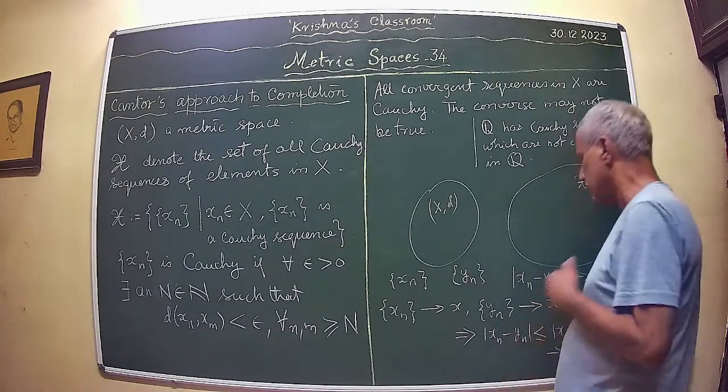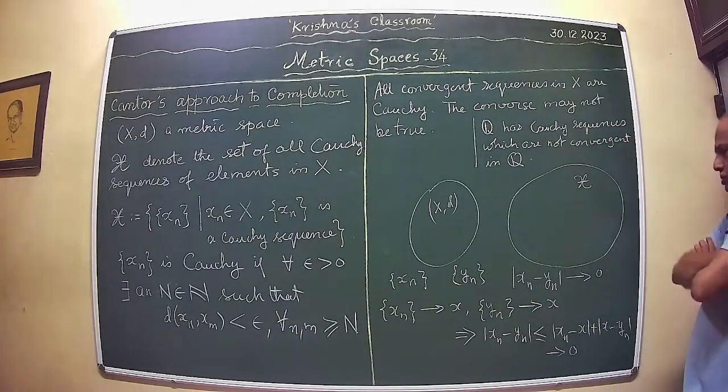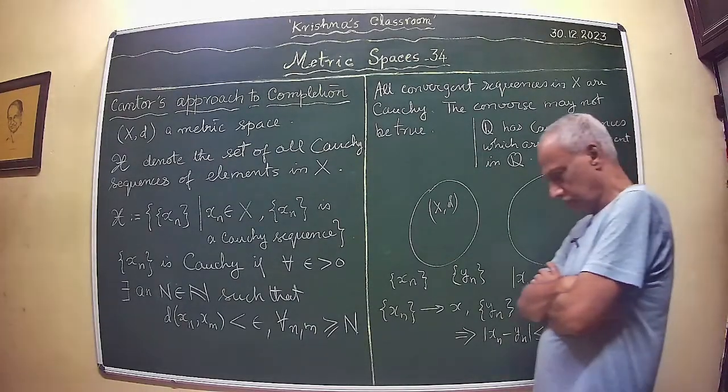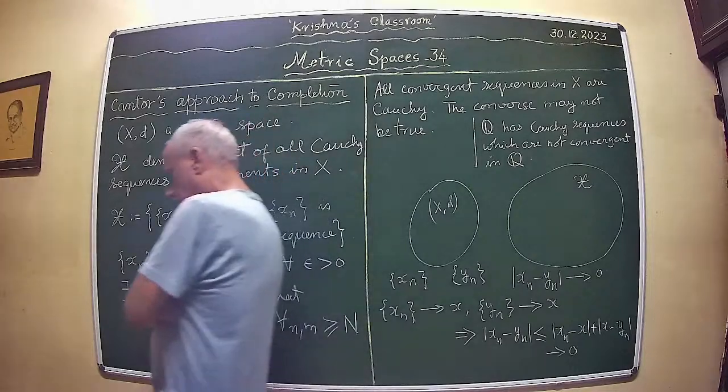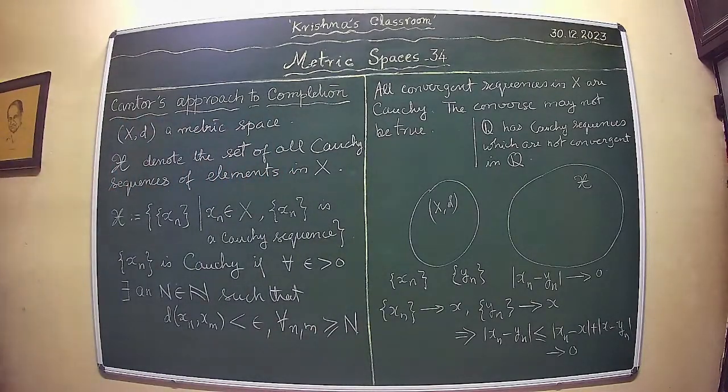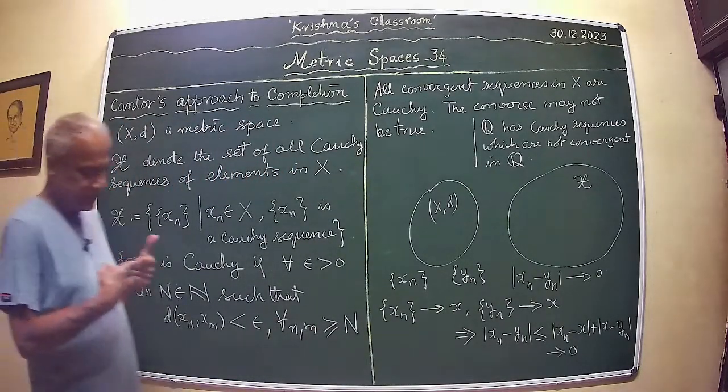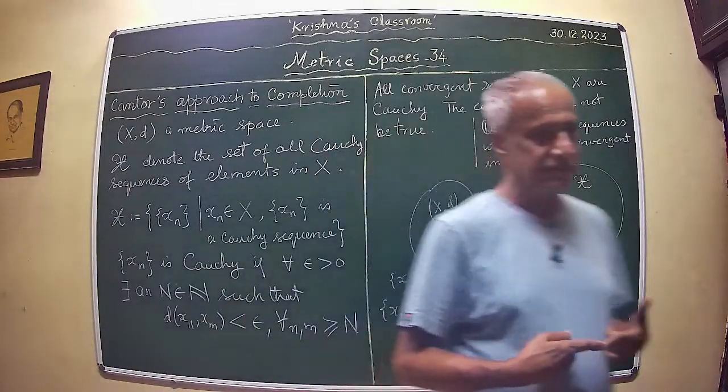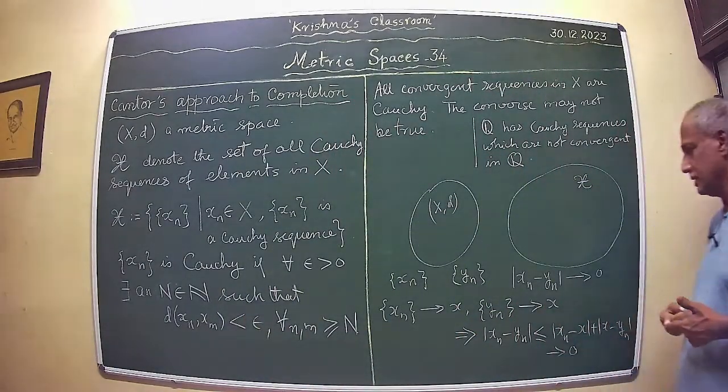Therefore, mod xn minus yn goes to 0. So if two Cauchy sequences converge to the same element, then we see that they are related.